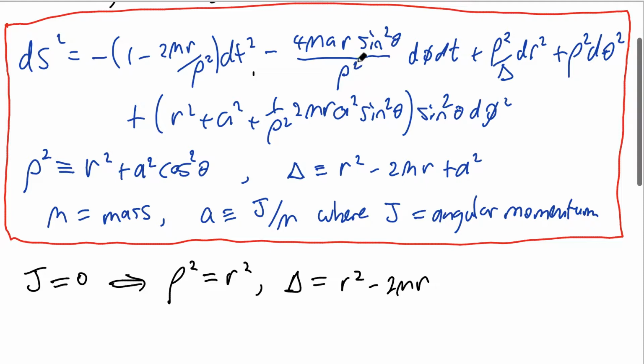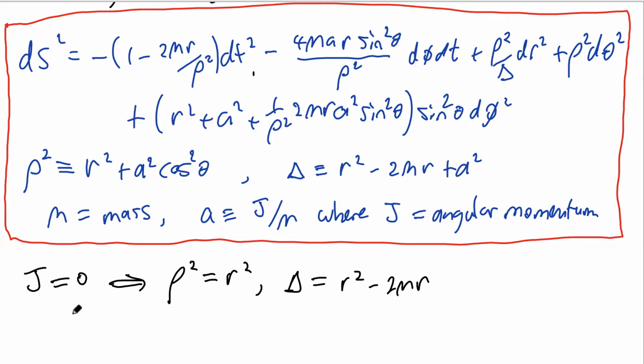This coefficient goes to 0 because a is 0. This coefficient is r squared divided by r squared minus 2mr, so that's 1 divided by 1 minus 2m over r, the same as the g_rr component of the Schwarzschild black hole in Schwarzschild coordinates. This is r squared d theta squared, and finally these two terms vanish, so this is r squared sine squared theta d phi squared.